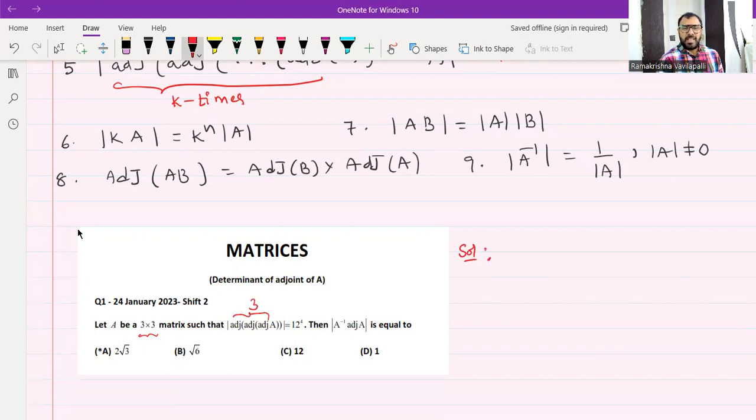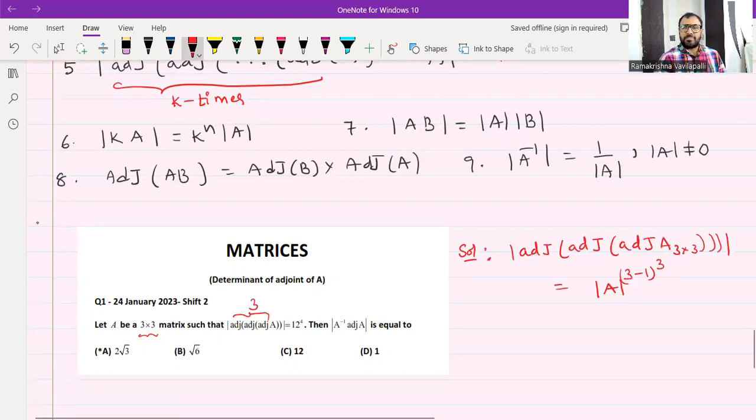Since this is 3 by 3, using our formula, the determinant equals det A power n minus 1, here 3 minus 1, whole cube. The number of adjoints is 3.